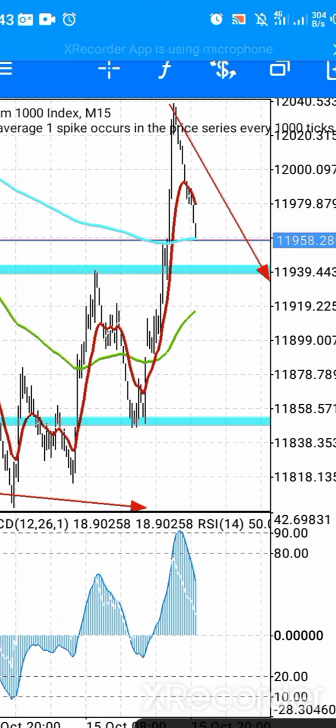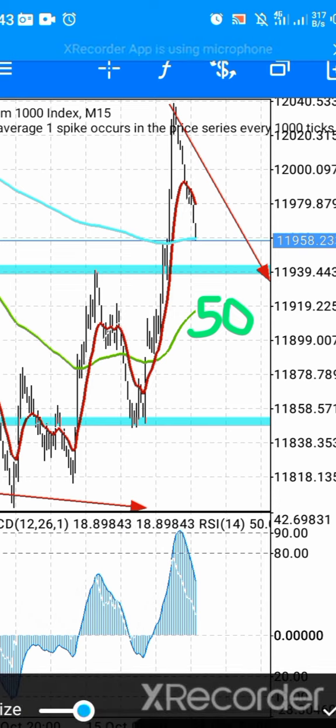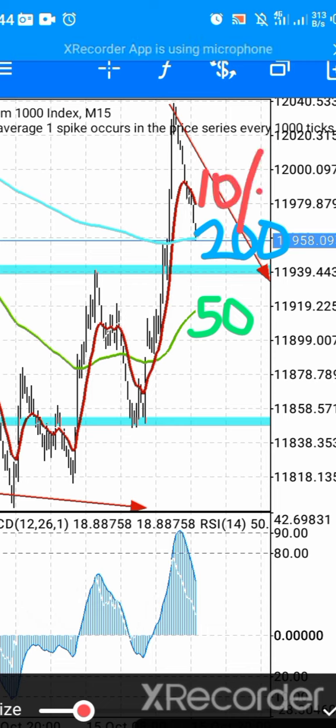The green is the 50, the blue is the 200, and the red is my 10, sometimes 20. I use the same color. I use red for 20 most of the time.